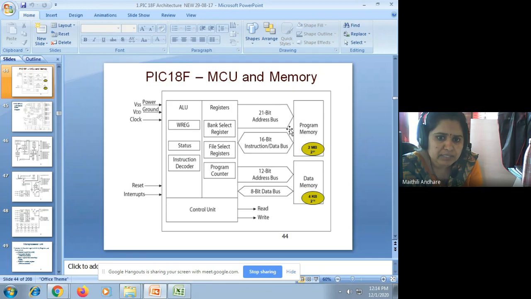Here the address bus and data bus for program memory are different, and those for the data memory are also different. We have seen a 21-bit address bus and 16-bit data bus for program memory, and a 12-bit address bus and 8-bit data bus for the data memory.